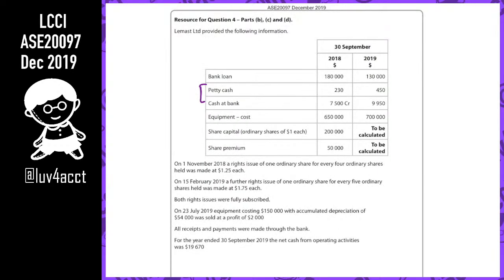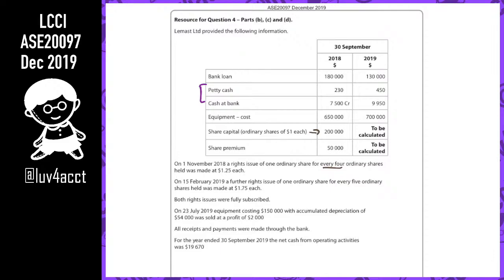So during the year, on the 1st of November, a rights issue of one ordinary share for every 4 ordinary shares held was made at 1.25 each. So 1 for every 4. We have to look at how much we have originally. It is 200,000.